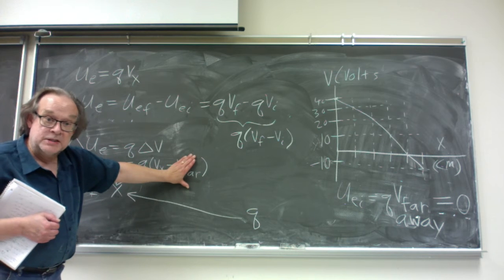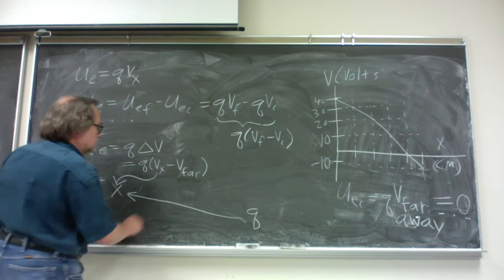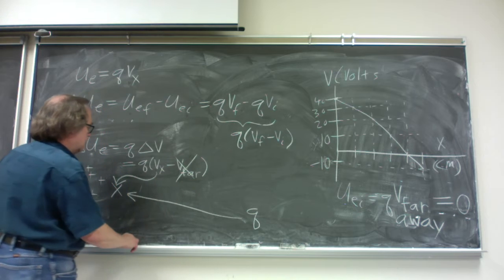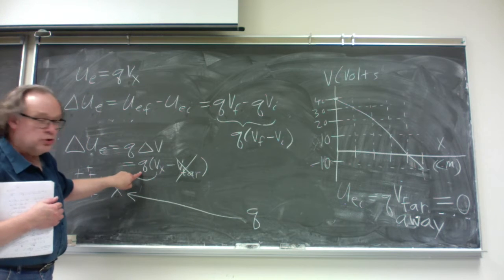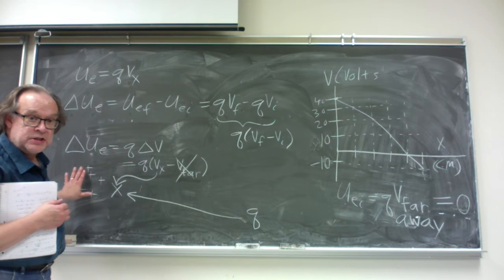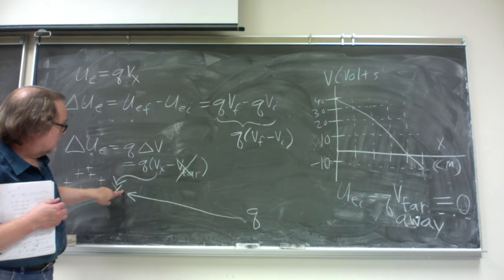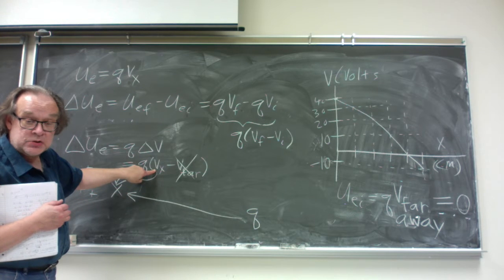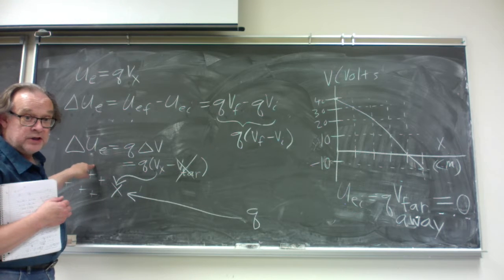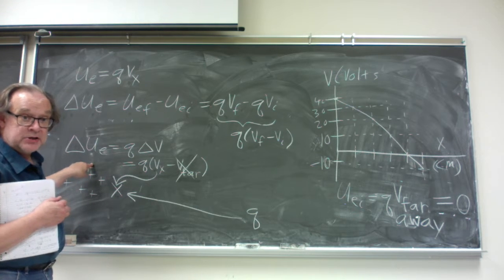So if that's now 0, then when the new charge comes into this neighborhood, lands at point X, it then interacts with the potential at point X, and as a result, you have an additional amount of potential energy that you did not have before.